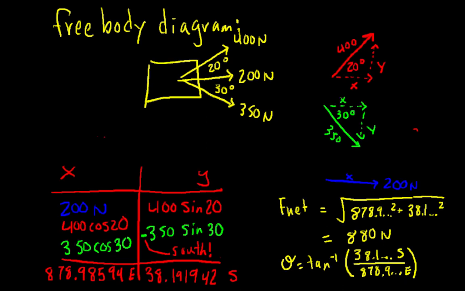This gives us an angle of 2 degrees south of east.